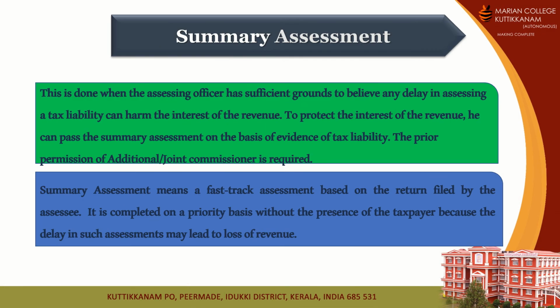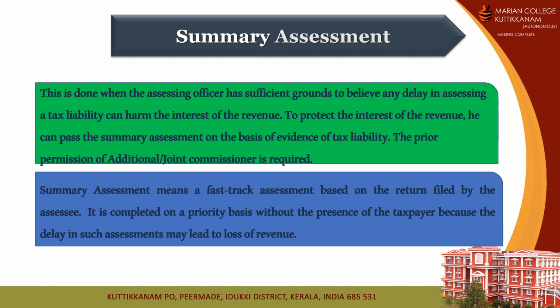Then we have the final type of assessment, which is known as the summary assessment, otherwise known as protective assessment. In this type of assessment, if the proper officer finds that a person is liable to pay the tax based on certain evidence, then he may make a summary assessment of the tax liability of such person.